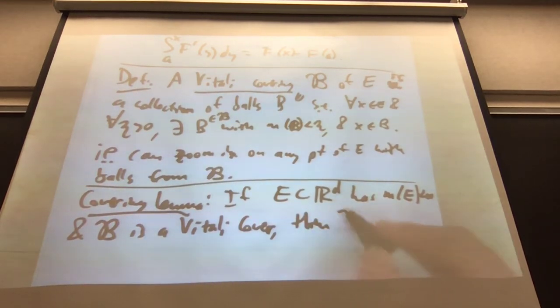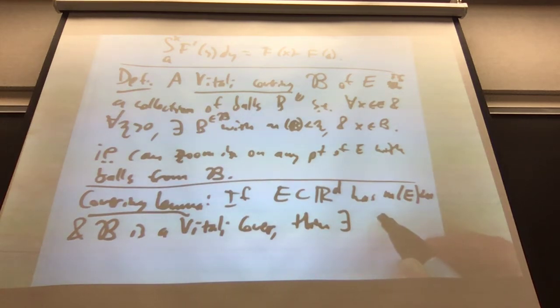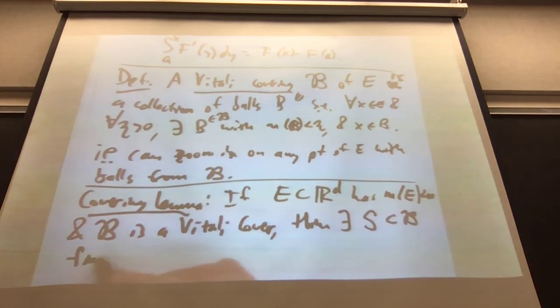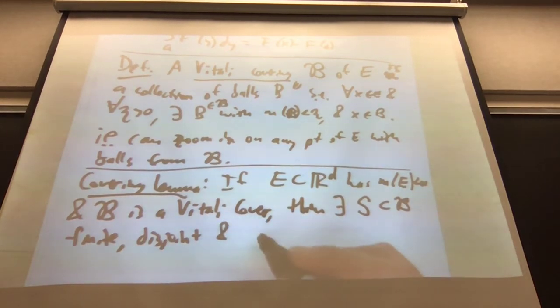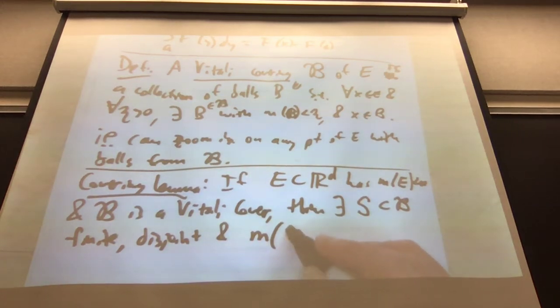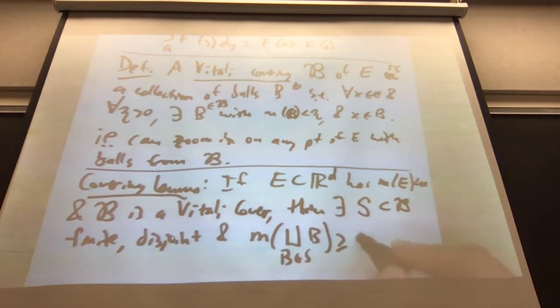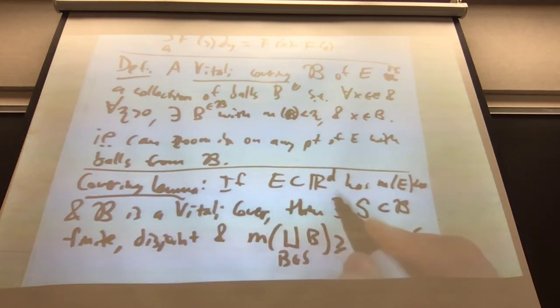then there exists a finite collection, let's call it S, with disjoint balls. And if you take the measure of all of these balls, the measure of this disjoint union of balls in S, that will get you up to the measure of E minus delta, for all delta.